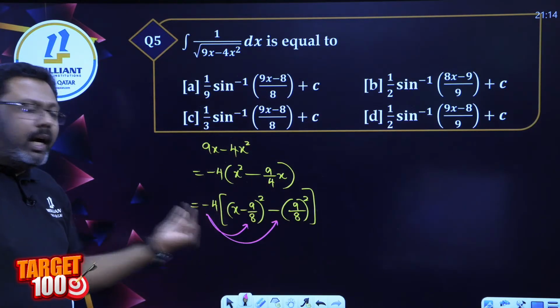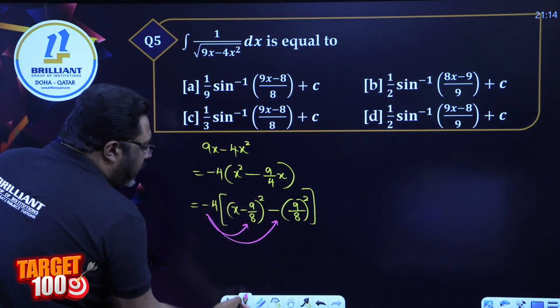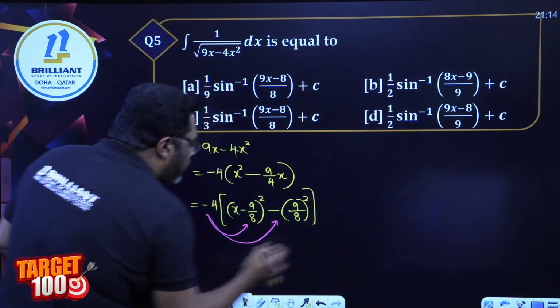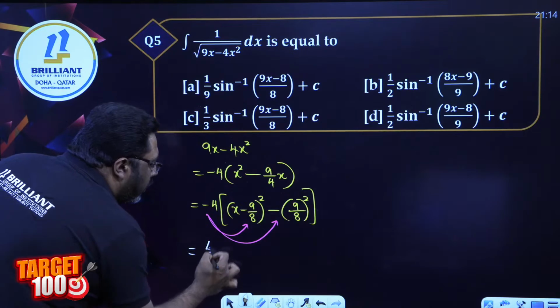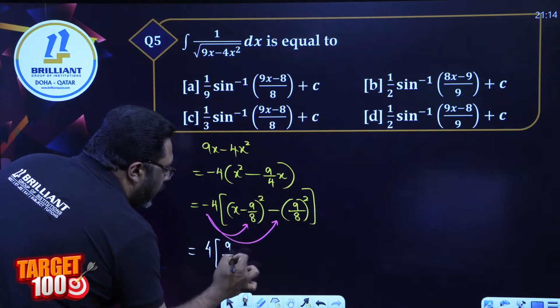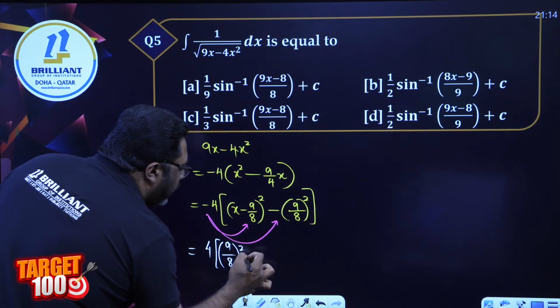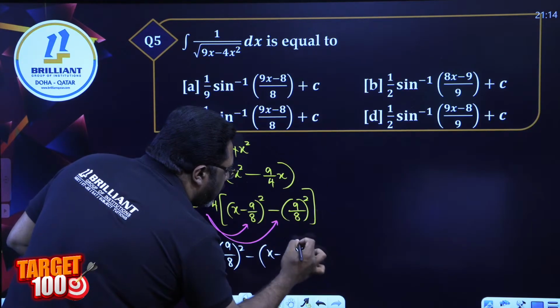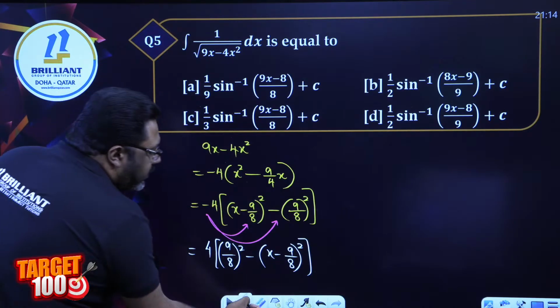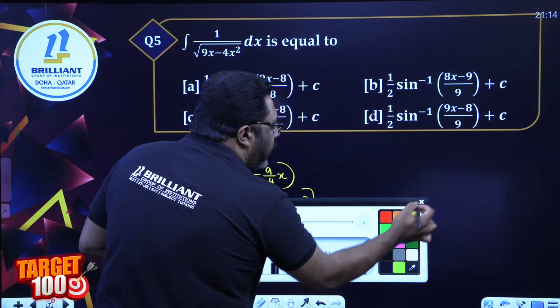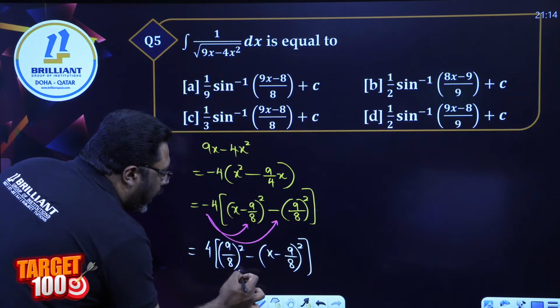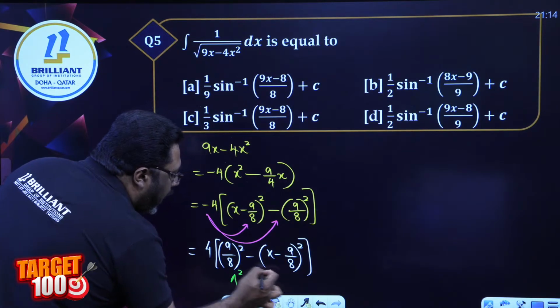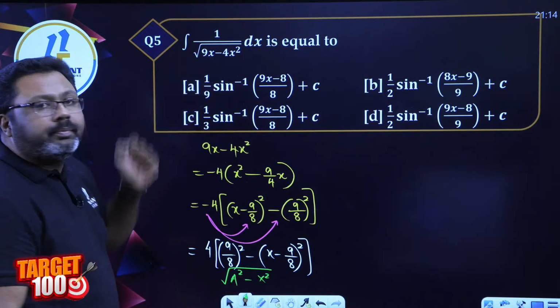Only constants are allowed, so you have to take the negative back inside. Now the expression is going to look like 4 times 9 by 8 squared minus x minus 9 by 8 squared. This is like a squared minus x squared, my dears. This is a squared minus x squared, and it is under a square root.